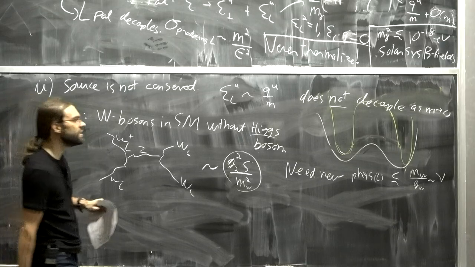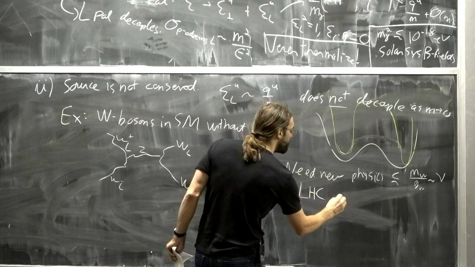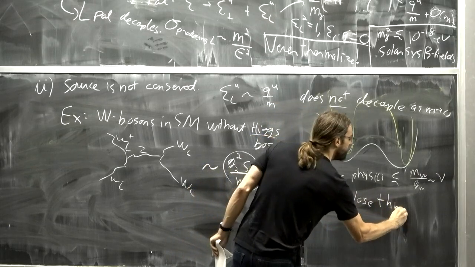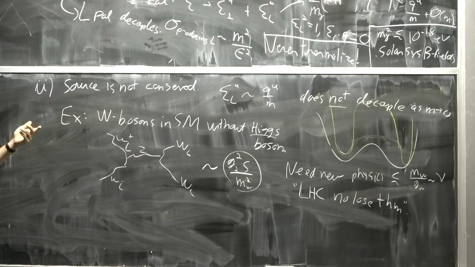Before the LHC was built, this was an important idea, the so-called no-lose theorem at the LHC. This theorem sort of guaranteed that if you don't see a Higgs particle, you still have to see something.